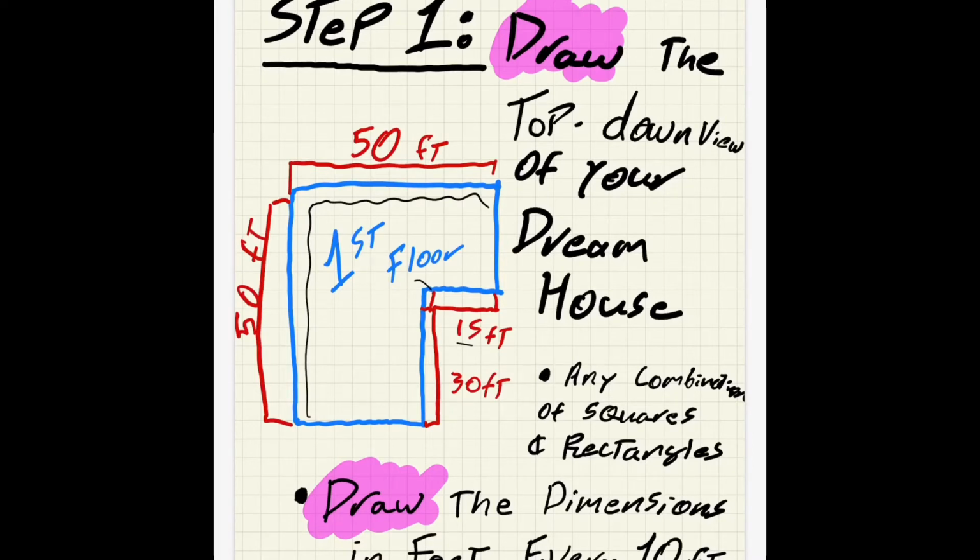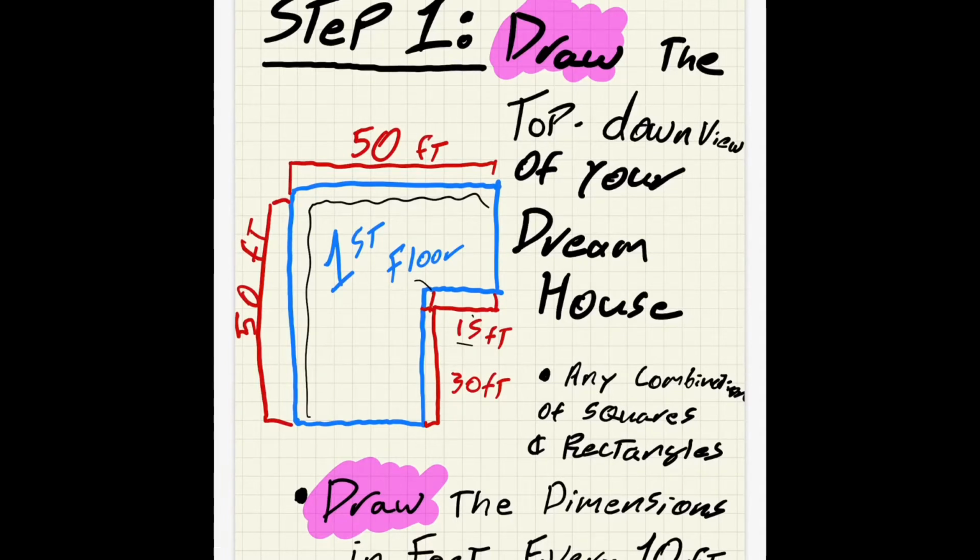I've drawn out some of the dimensions. The total length is 50 feet. The total width is 50 feet with an indent of 30 by 15 feet taken out of here. You're going to draw the dimensions in feet. Remember that if you were to walk this, every 10 feet is about 3 steps across the room.